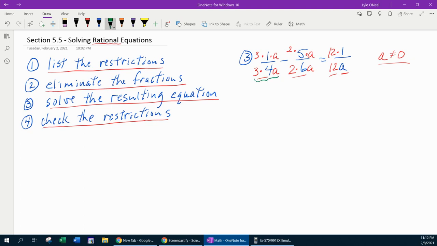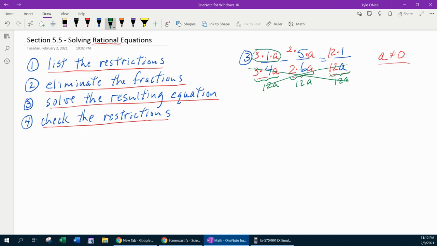Okay, notice this. 3 times 4, that's 12a. 2 times 6 is 12a. 12a. Do you see they all now have a 12a in the denominator? And once they all match, you can cancel them out.